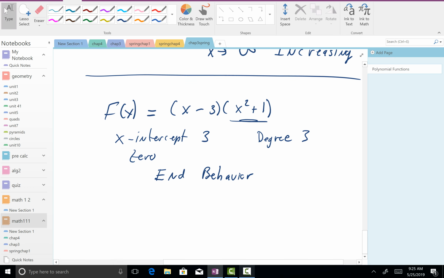X approaches positive infinity, it's got to be increasing. Okay? It's got to be. All right? There's no multiplicity. There's no what? Multiplicity. No multiplicity there. Only when it's on the outside. Okay?